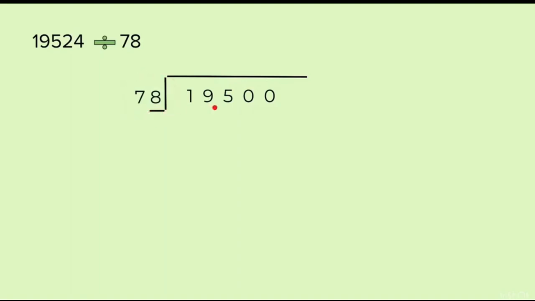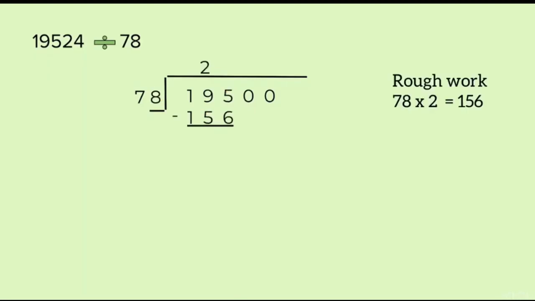Again we will see that 78 is a two digit number and 19 is smaller than 78. So we will take one more digit, that is 195, to divide by 78. So 78 will go 2 times, 156. So 78 2s are 156. When we subtract, we get 39. Again we will bring down 0.